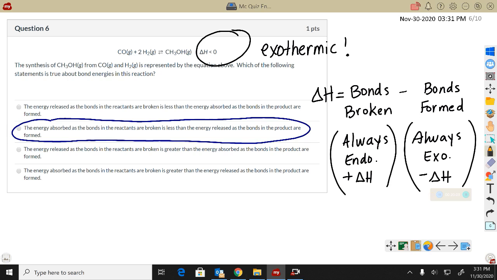So here, if I know that overall this reaction is exothermic, then I can say that the energy absorbed as the bonds of the reactants were broken must have been less than the amount of energy released when the new bonds formed on the product side. Such a great question. Do you understand the process of breaking bonds and making bonds without having to get bogged down by calculations? Love this one.